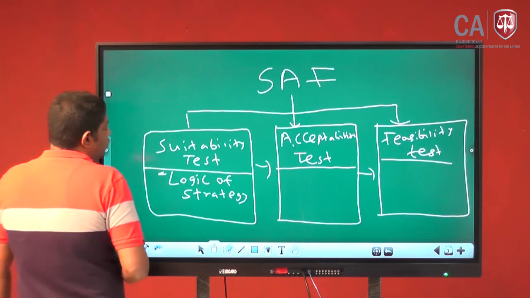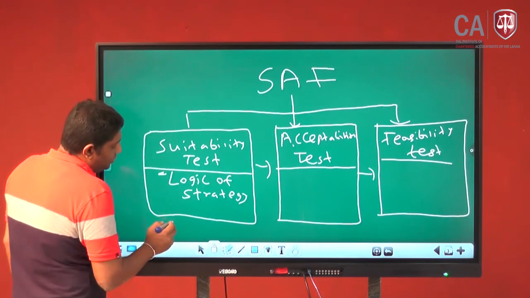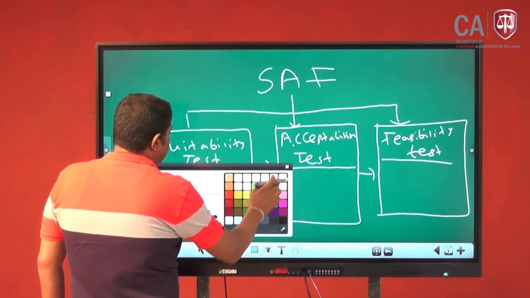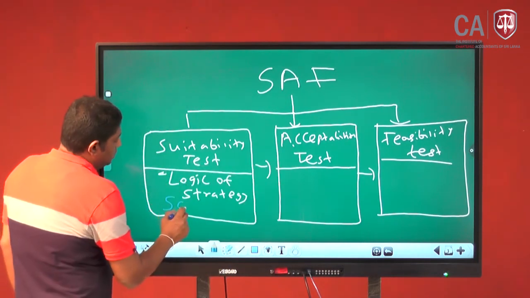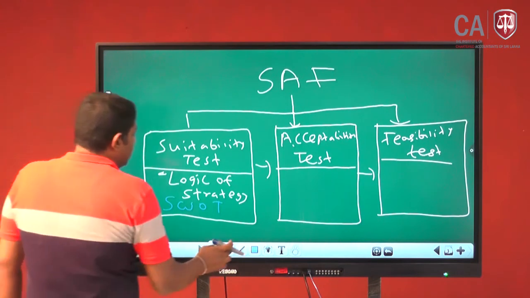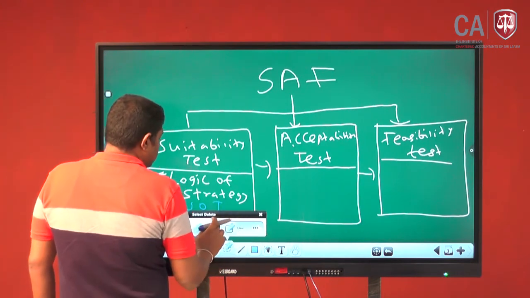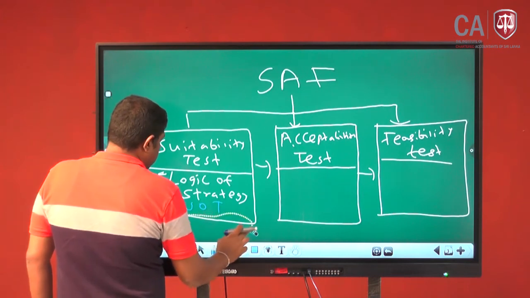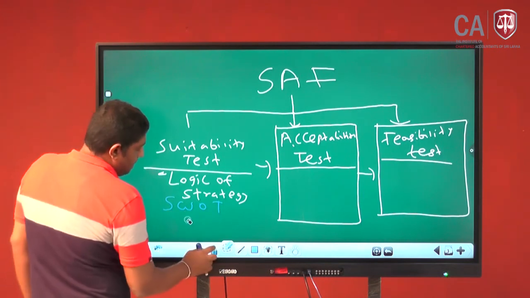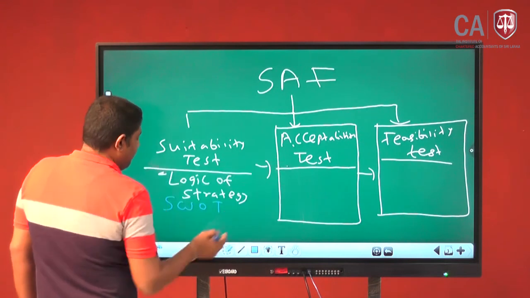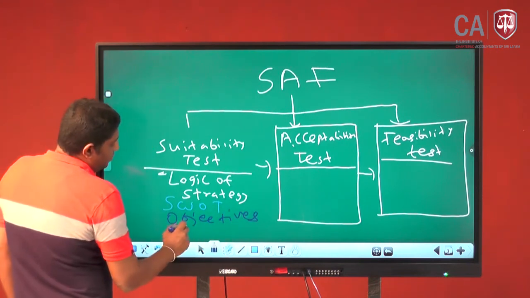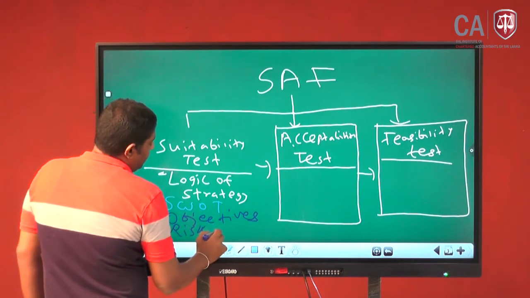Mainly it looks at SWOT factors. In addition to SWOT, it looks at objectives, then it looks at the risks, whether it can provide a competitive advantage.